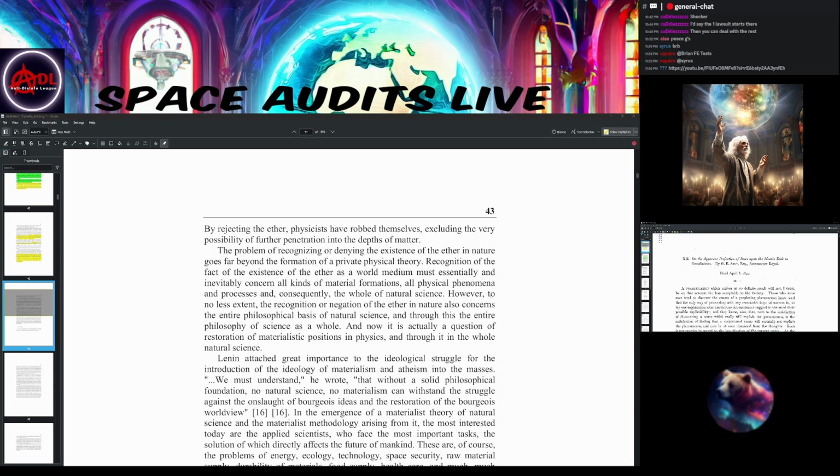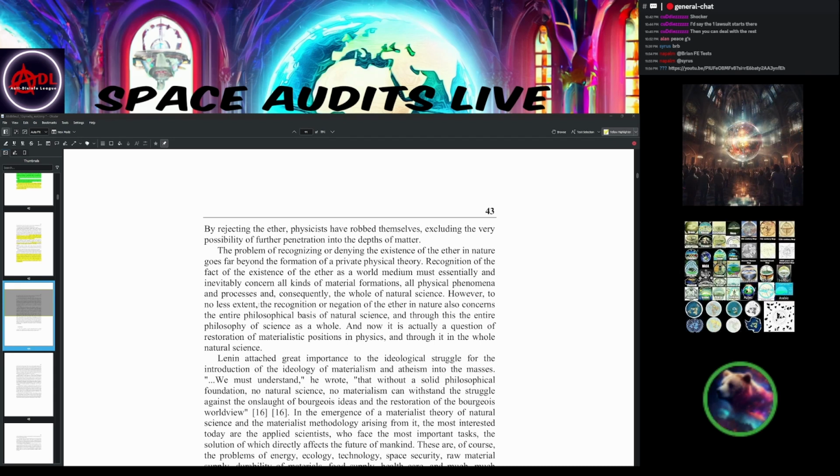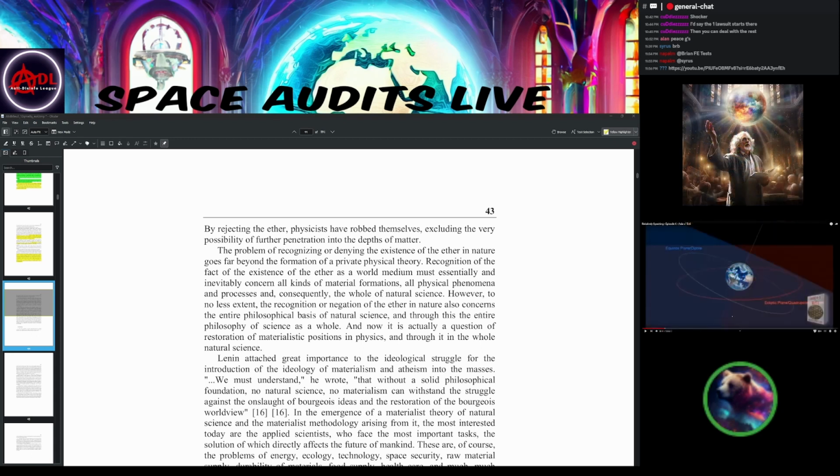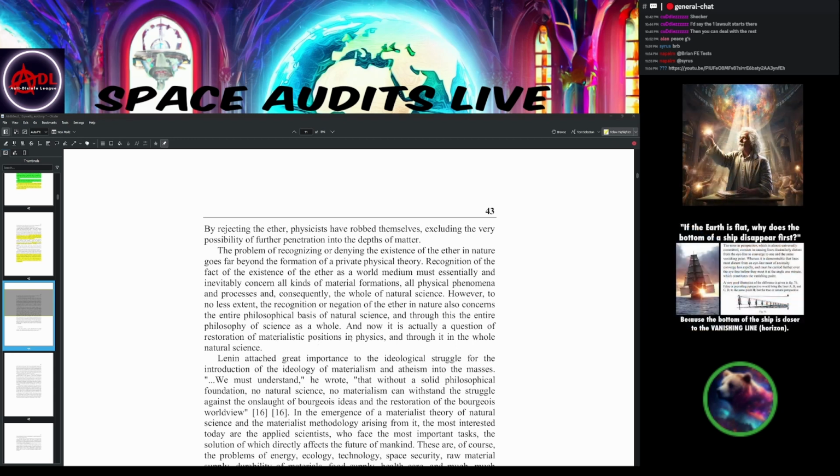However, to no less extent, the recognition or negation of the ether in nature also concerns the entire philosophical basis of natural science and, through this, the entire philosophy of science as a whole.